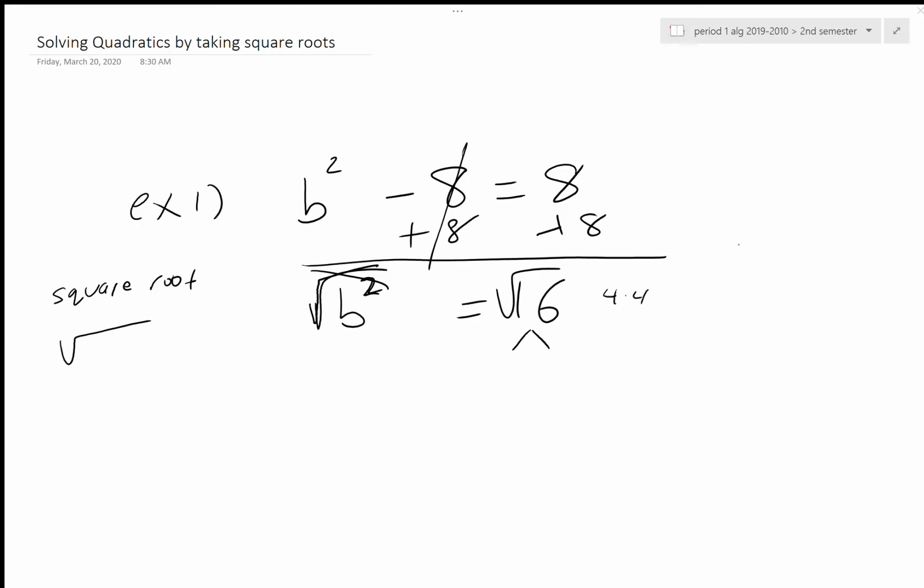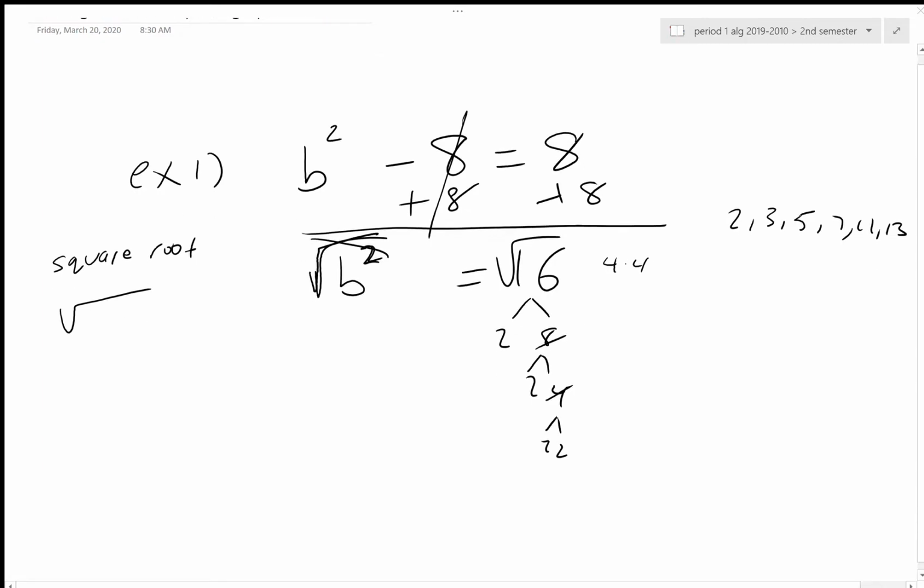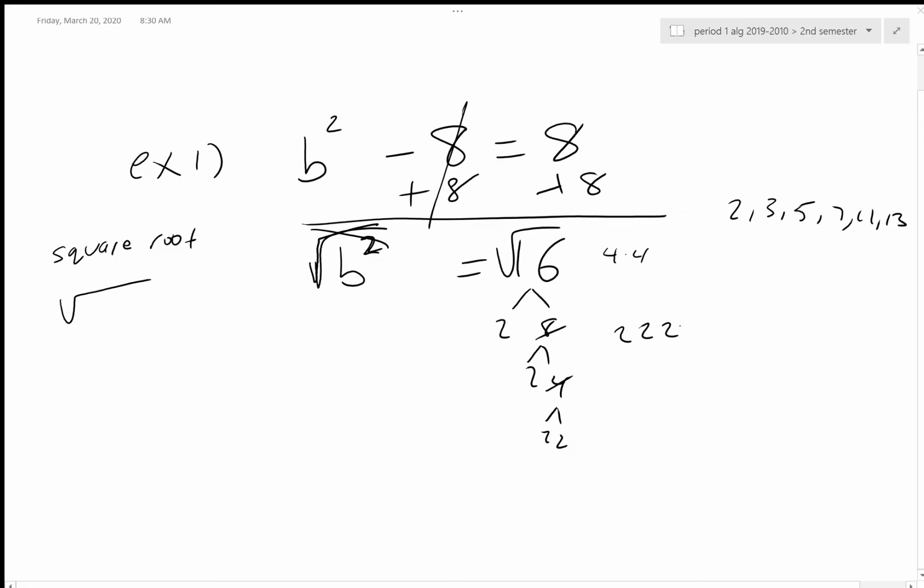We divided, and I gave you guys these numbers 2, 3, 5, 7, 11, and 13. And I had you guys divide by 2, by 2, by 2. Cross this out. We have 2, 2, 2, 2. We have our pairs. So multiply our pairs, and our pairs would be 4.